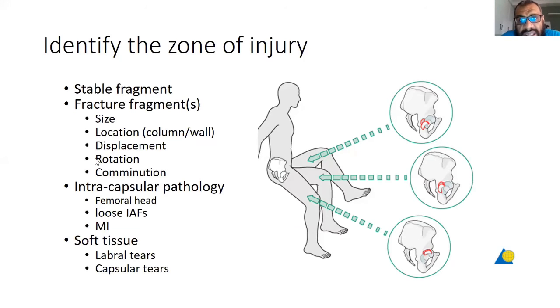So again, because the pelvic bone is not a symmetrical or uniform bone, you need to assess the rotation carefully. Okay, and what will make your life difficult is the comminution of the fragments.